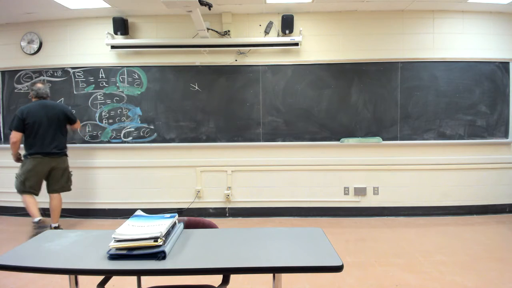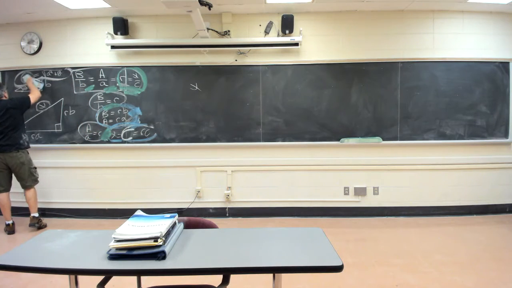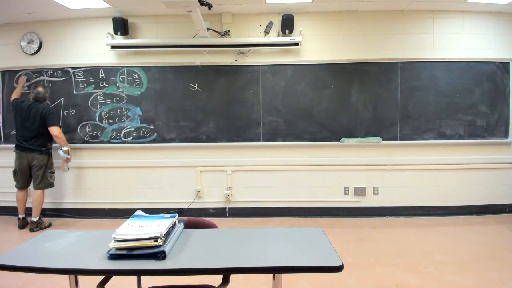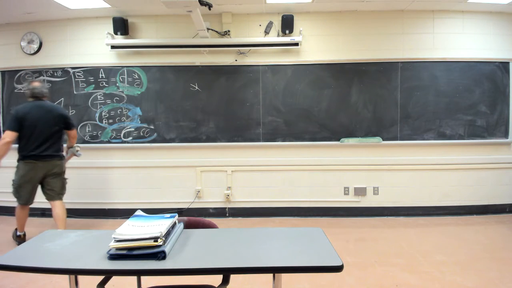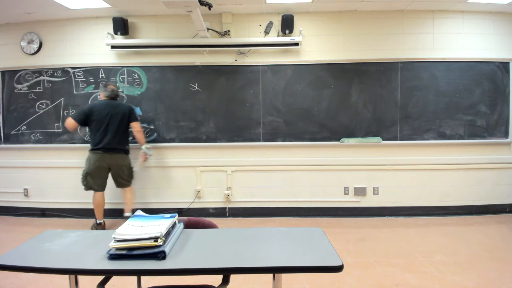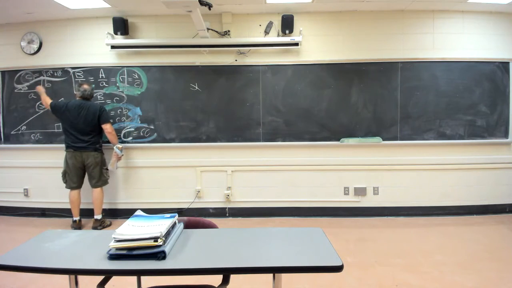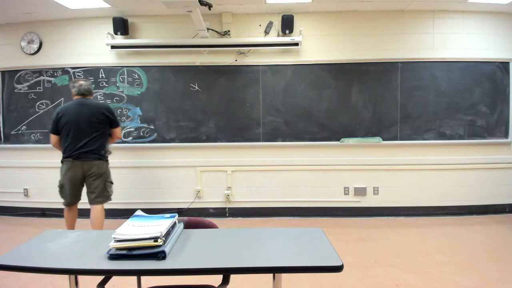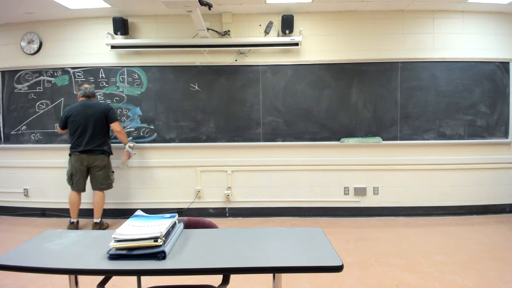Forgive the over-meticulousness here, but just in case. Small c equals the square root of the sum a squared plus b squared. Okay. What's this guy equal to?